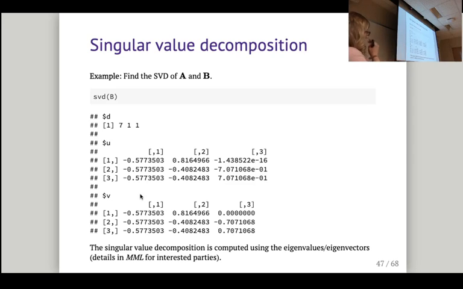For B, here's the singular value decomposition. Have we seen numbers like these before for this B matrix?